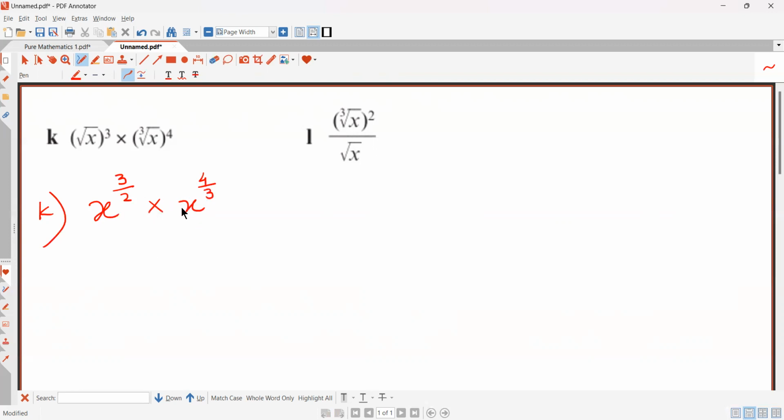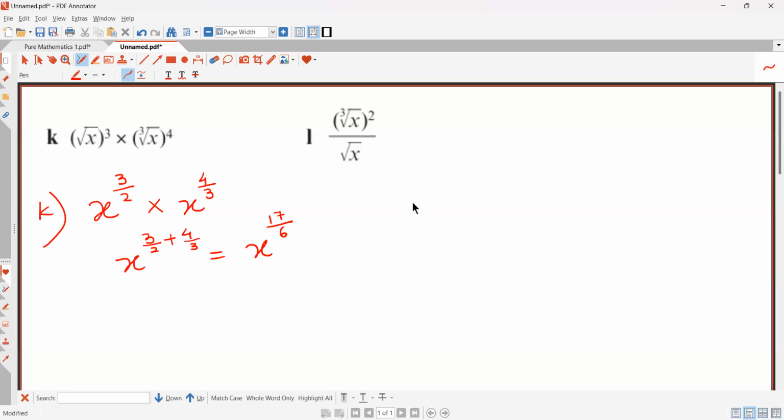Now, since they are multiplying, can I add them and write x raised to 3 by 2 plus 4 by 3? How much is it? 17 by 6. So x raised to 17 by 6. Is that understood online? Online will say everyone understood this. So this is your K.